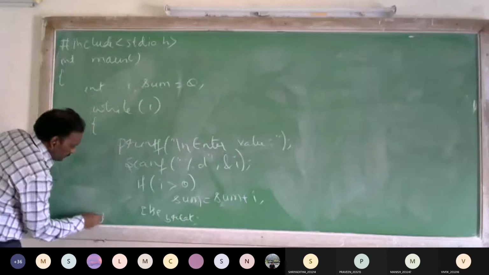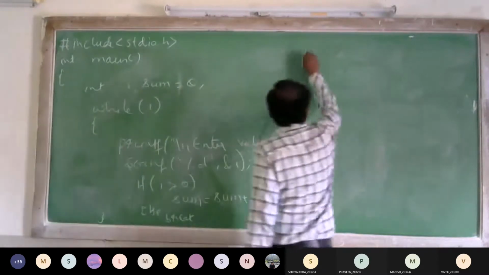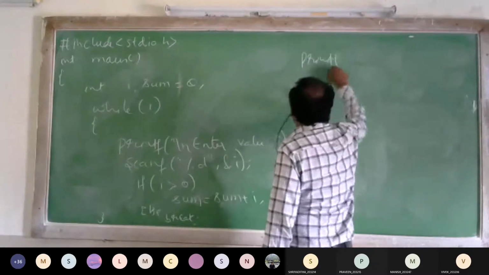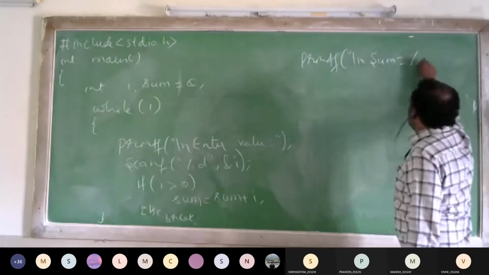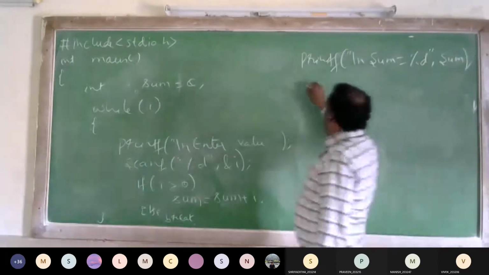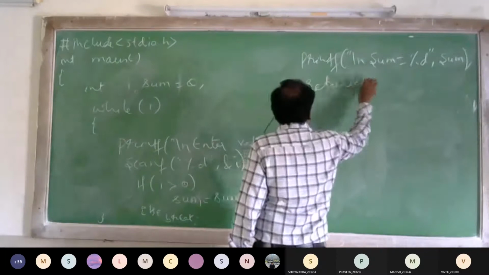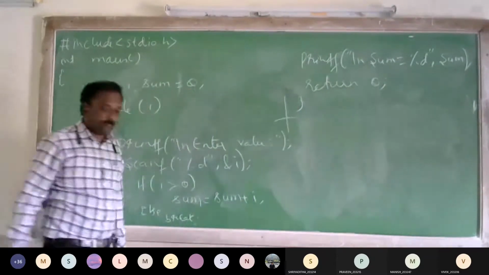Close the while loop. Whenever the break statement is encountered, you come outside and print the sum. Printf sum is equal to %d, comma, sum. Return 0. Close the main function.